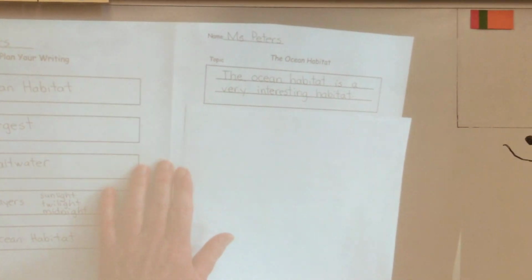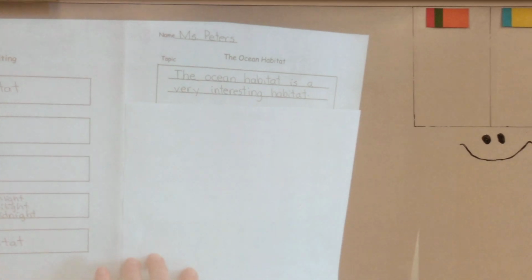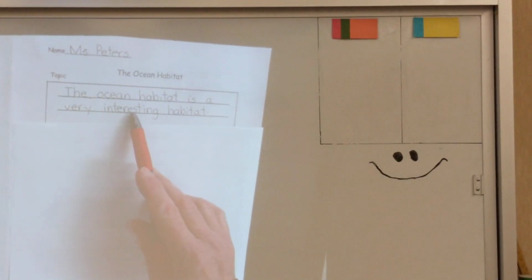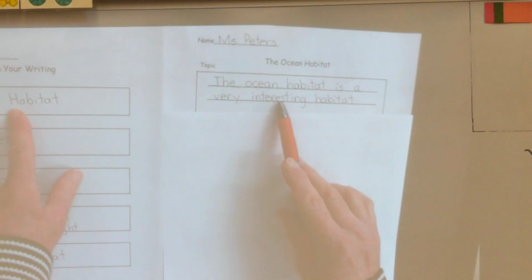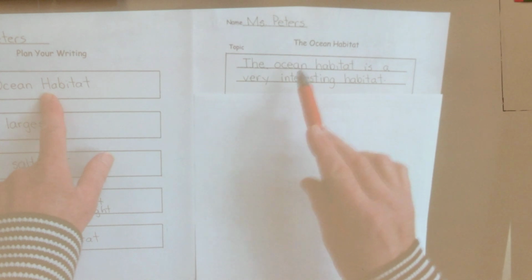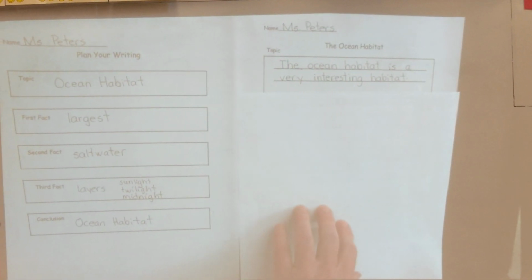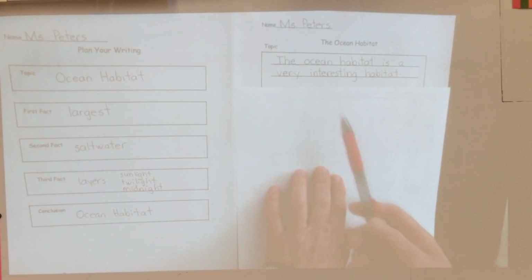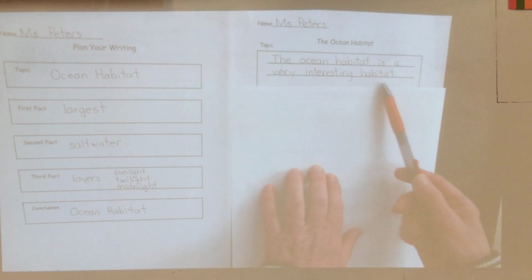For the first section, you'll notice I wrote the word topic above it to remind us our first sentence is going to be our topic sentence, which is going to come right over here to where it says ocean habitat. So here on our paragraph is where we're going to turn ocean habitat into a sentence. I've chosen to write the sentence, the ocean habitat is a very interesting habitat.